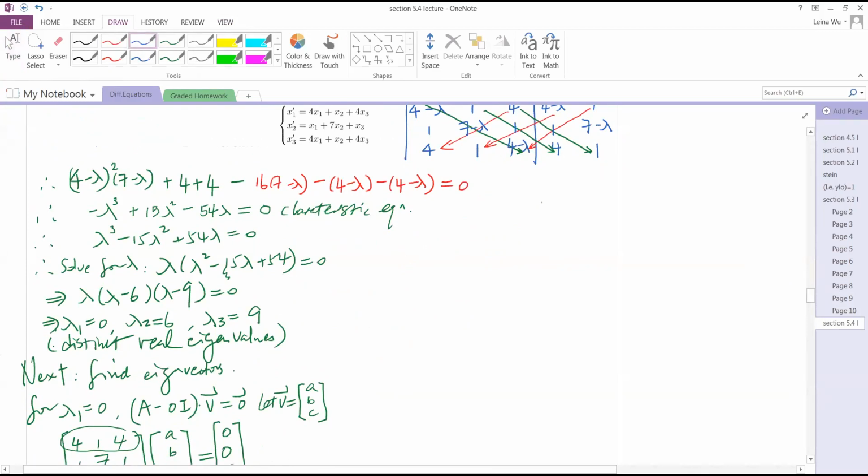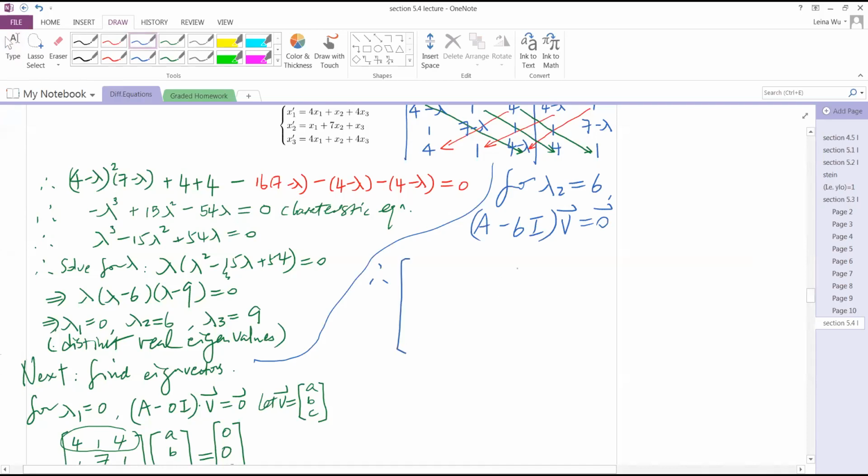Let's see here. All right, so for lambda 2 equals 6, I'm going to have A minus lambda I v equals the 0 vector, right?